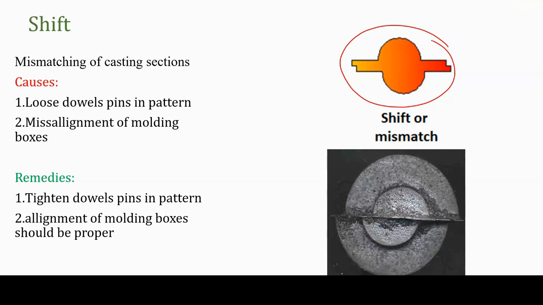And whenever you use loose dowel pins in the pattern, you can have such a shift, and misalignment of molding boxes will also create some shift in the casted part. So usually we should have tightened dowel pins in the pattern, and the alignment of the mold box should be proper before pouring the molten material.